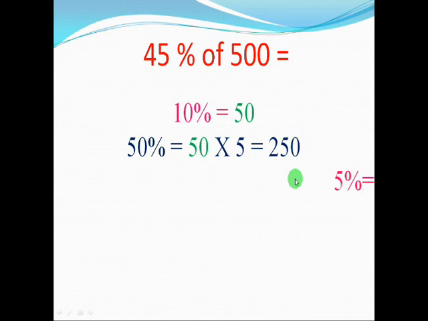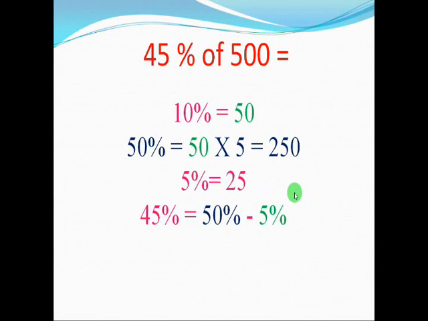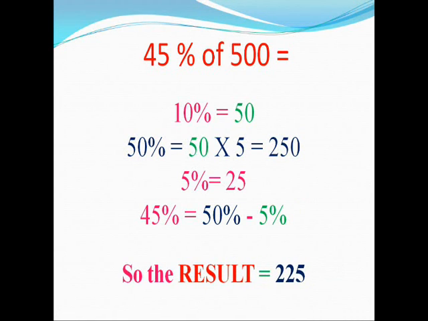Then 5% equals 25. We can write 45% as 50% minus 5%. So the result will be 250 minus 25, that is 225. It is a very easy and fast way. Next question.